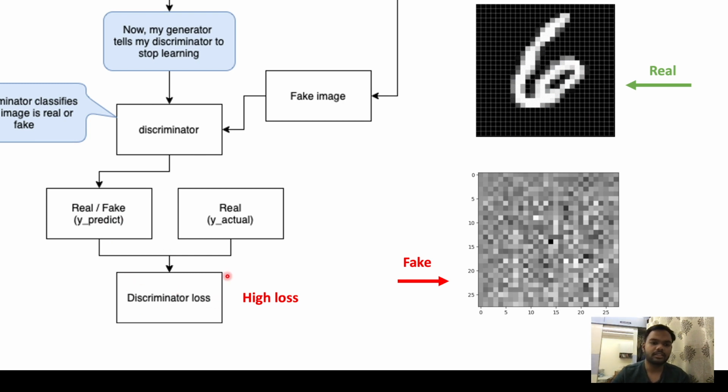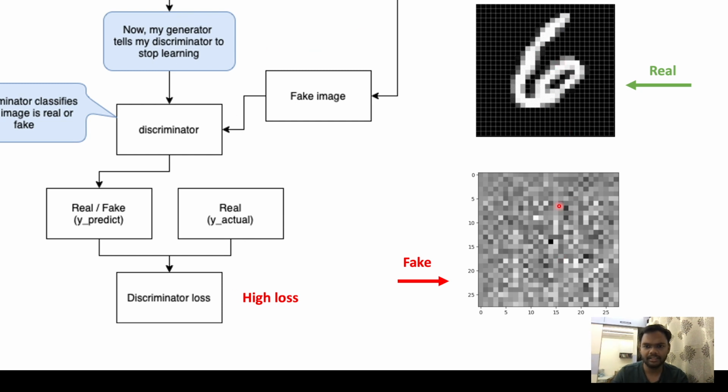Okay, so this discriminator loss is basically going to tell me how good my generator is. High loss indicates that my generator is very bad.